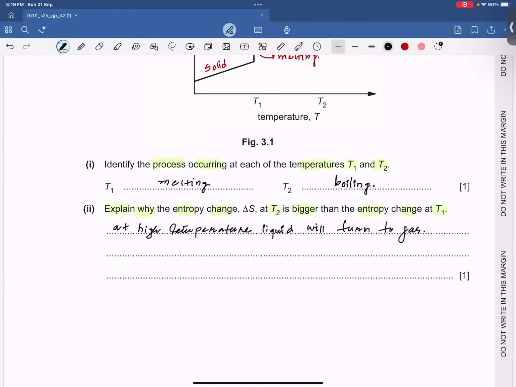And gas has highly irregular arrangement of particles, exhibiting more disorderness.